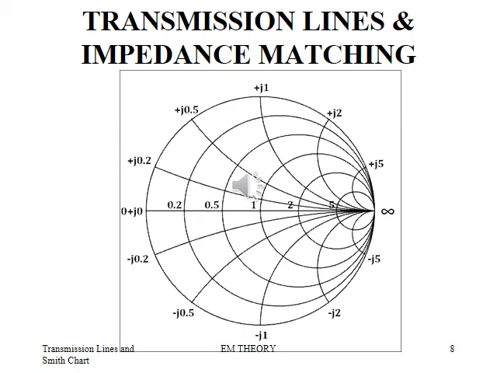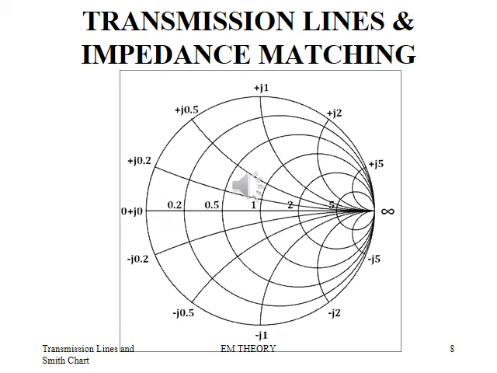And of course, when your impedance is infinite, then you are at the point at the end of the straight line on the Smith chart, where the straight line intersects the outermost circle to the right. That corresponds to infinite impedance, while where the straight line intersects the outermost circle to the left, that corresponds to an impedance of 0.